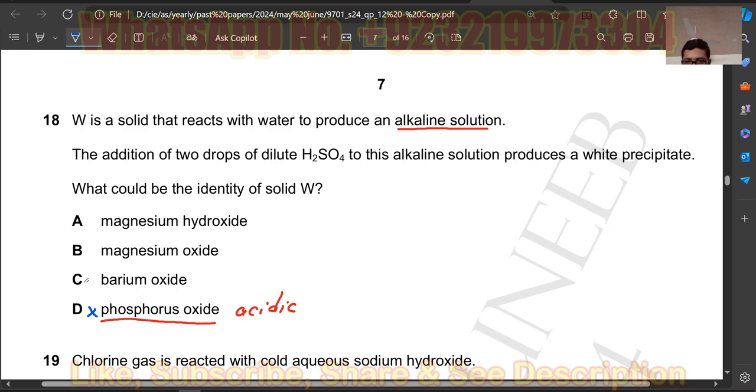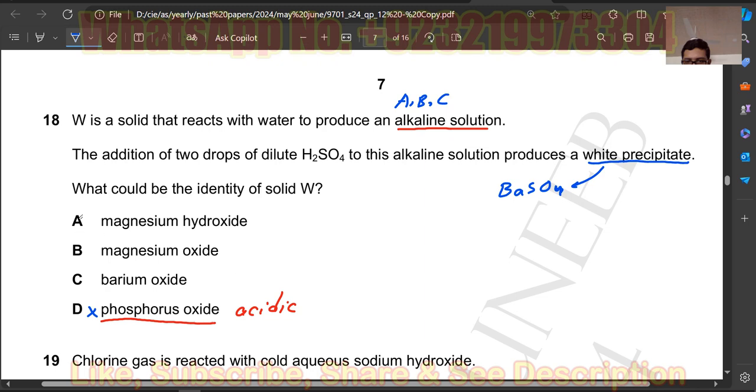Now we are left with options A, B, and C because all these easily dissolve in water and they are all basic compounds. So we need to find which of these will give you a white precipitate. In this case, you should know that there is one single compound which gives a white precipitate, and that is the compound of barium, because barium sulfate gives you the white precipitate.